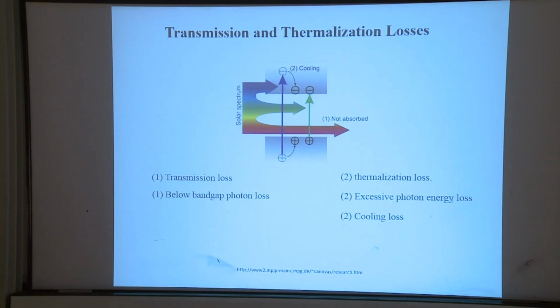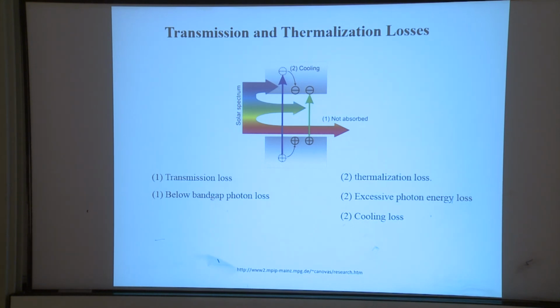However, if you choose photon energy too much bigger than the band gap, then there will be a significant portion that is lost in so-called cooling of the excitation. Then you are not going to utilize the energy of the photon with larger energy.